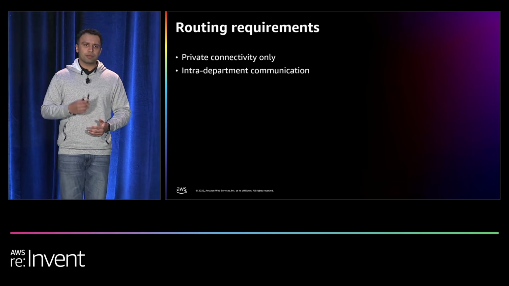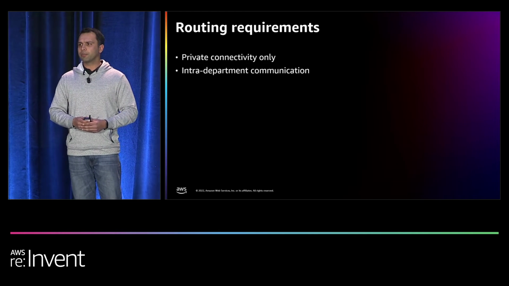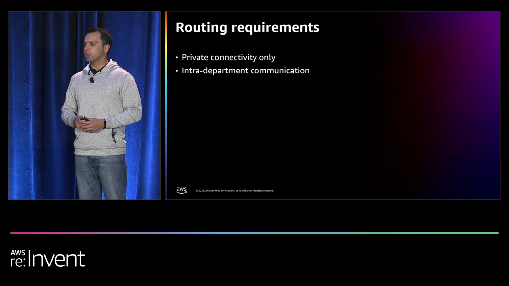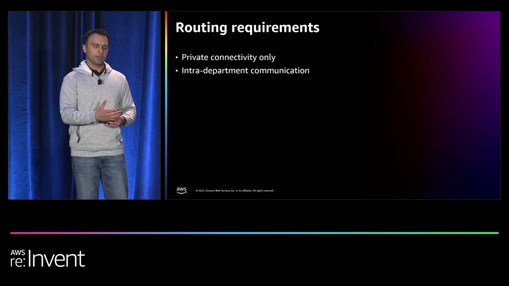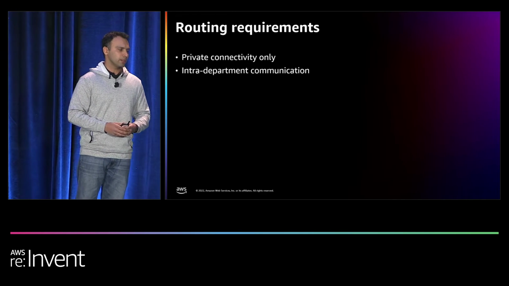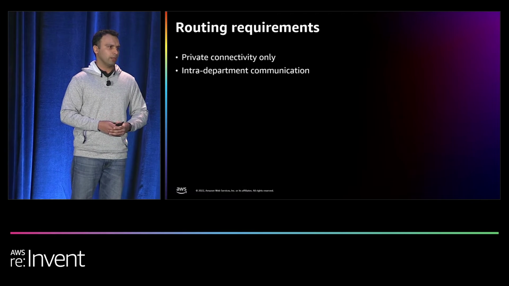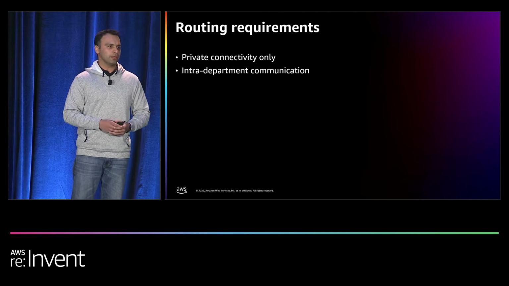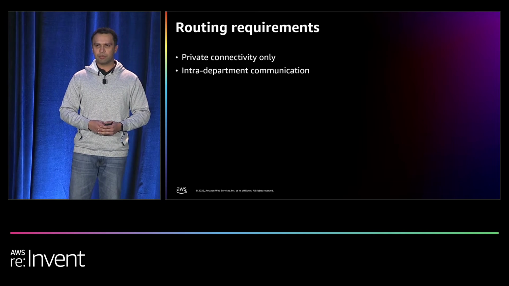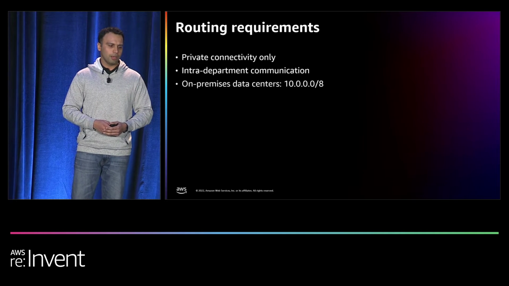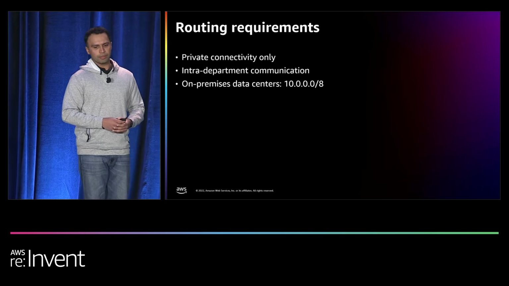The second thing is we are going to be focusing on intra-department connectivity only. So what that means is we spoke about three departments. If we take the example of finance, the use case would be that a finance VPC in region 1 should be able to talk to any other finance VPC in any other AWS region. And then finally, let's start populating the CIDRs.